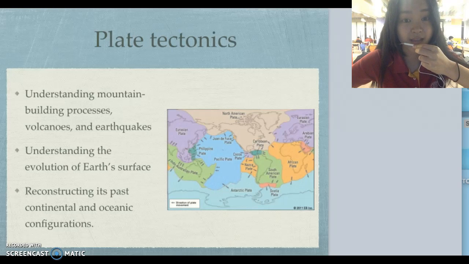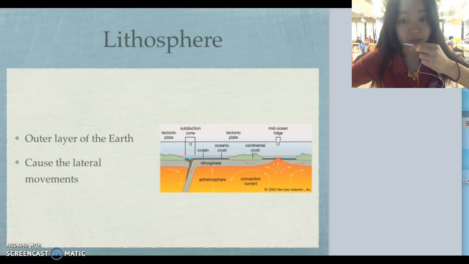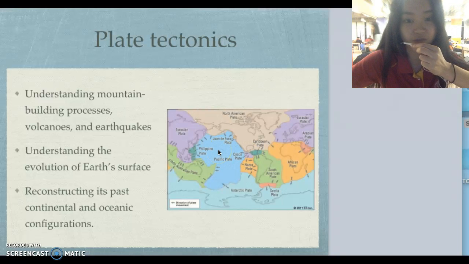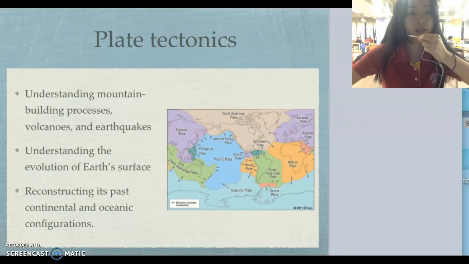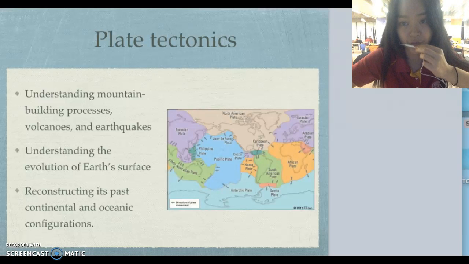That's plate tectonics. That's the part where the asthenosphere and lithosphere move the Earth, move the land apart and form oceans between the land. If we understand plate tectonics, then we understand the mountain building process, how volcanoes form, and how earthquakes form.